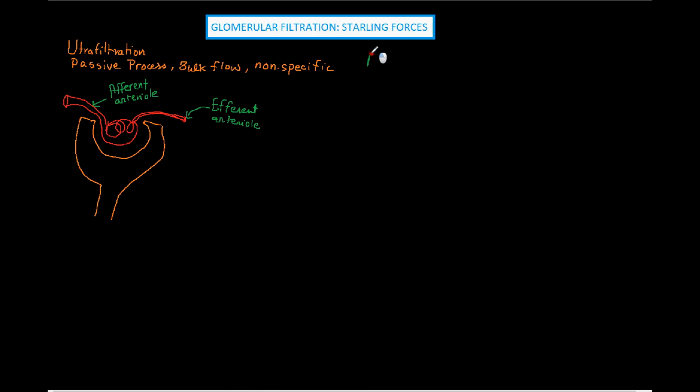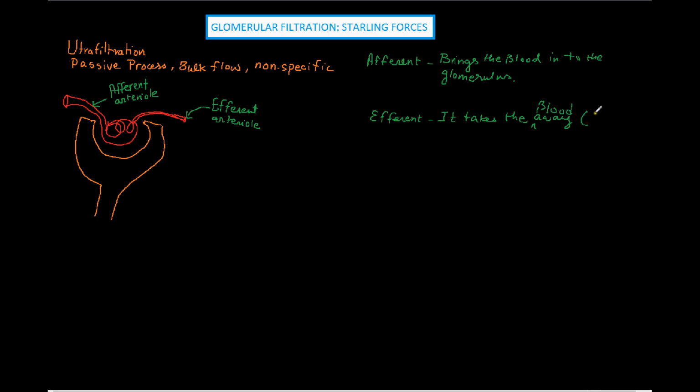So the afferent brings the blood in to the glomerulus, and the efferent takes the blood away.